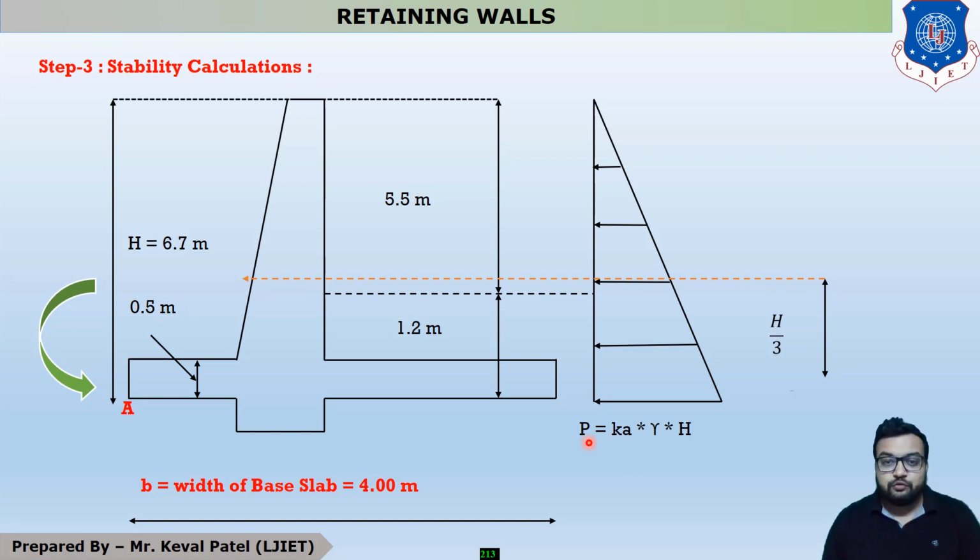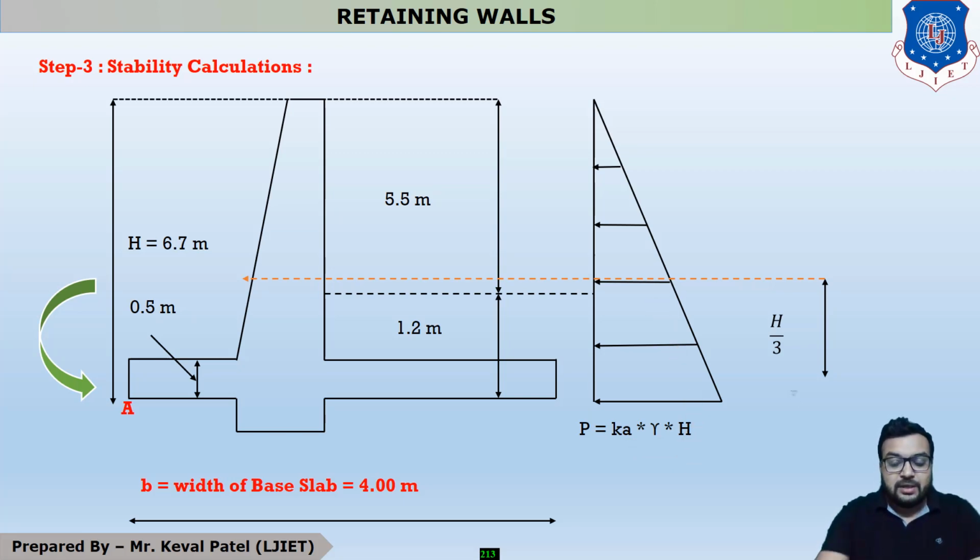It is K into gamma into H. But we have to find the force. It is already discussed in our introductory section that in this chapter, whenever we have to find a force, we have to find the area of the pressure diagram. The area of the pressure diagram is 1/2 base and altitude, which means 1/2 K gamma H square.